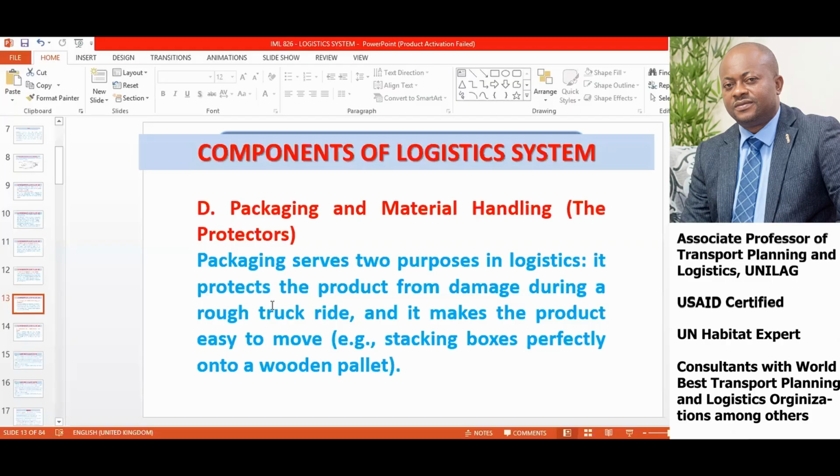Yes, sir. If you are buying a golden cup and you receive a golden cup, that means the item is of right quality. But if it is a golden cup, but there is one place at the edge of the cup that has a crack, that means it was not delivered to you in the right condition.